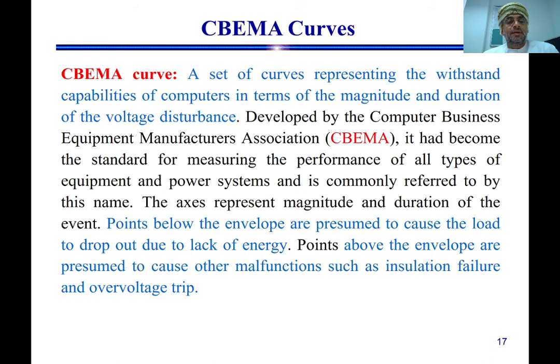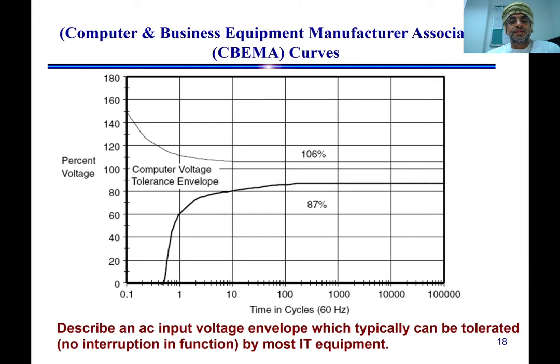The CBEMA curve, actually, will be this curve. It gives you a relationship between the time in cycles, where here we have 1 cycle, 10 and so on, and the percentage voltage.